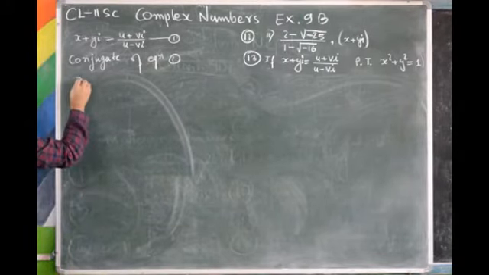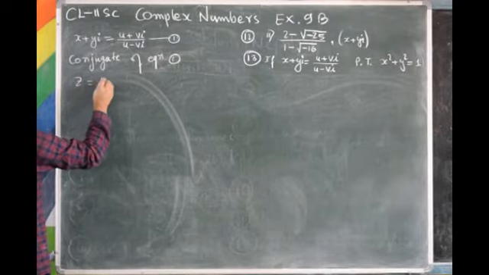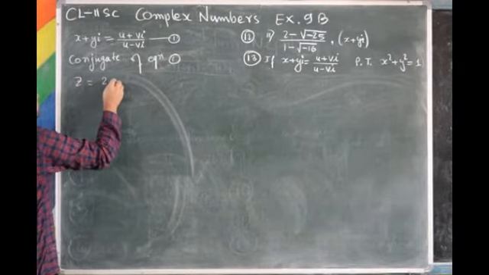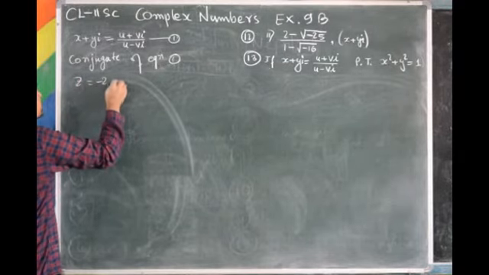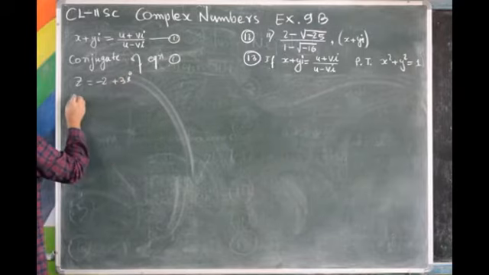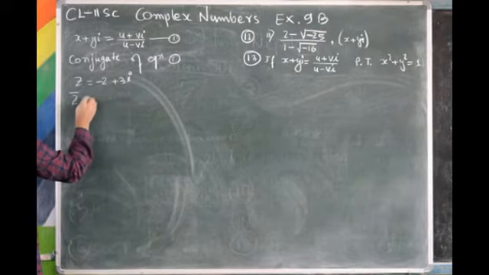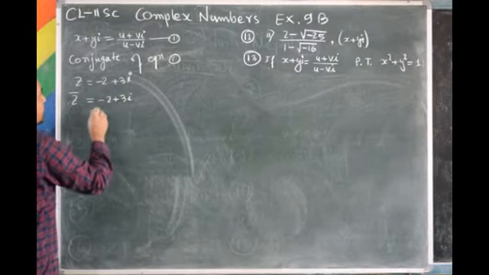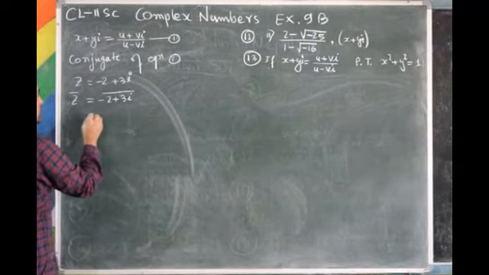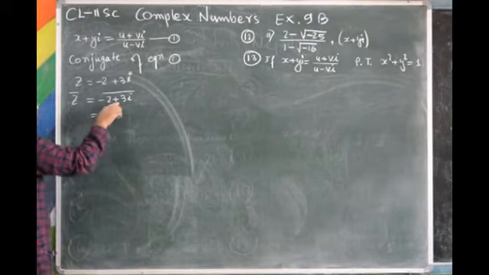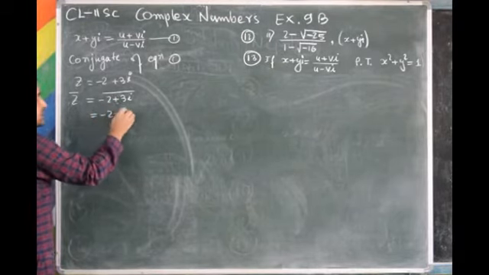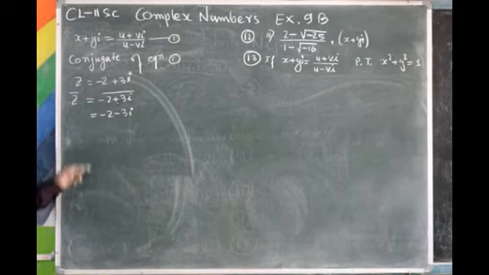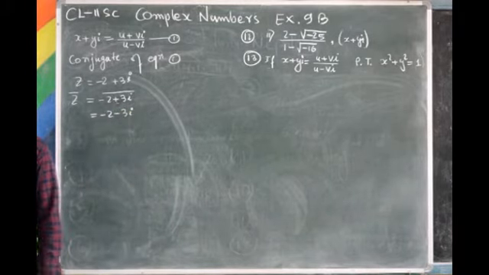Suppose z equals minus 2 plus 3i. Then the conjugate of z, z bar, equals minus 2 minus 3i. You need to change the sign of the imaginary part, but don't change the sign of the real part. Got it?